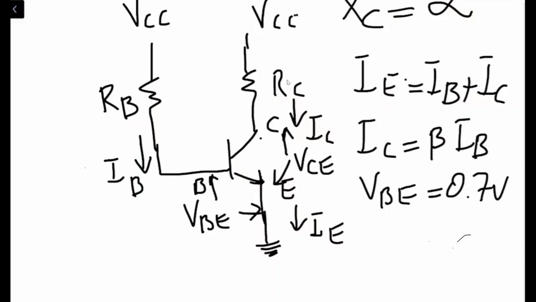The potential between the base and the emitter is VBE, and the potential between the collector and the emitter is VCE.